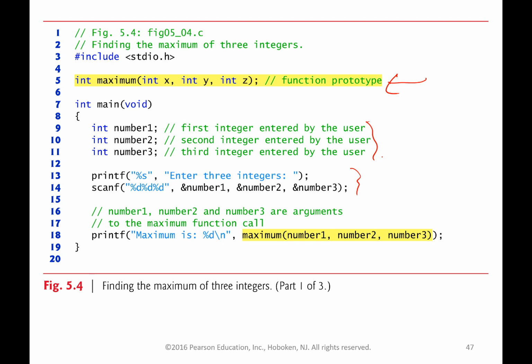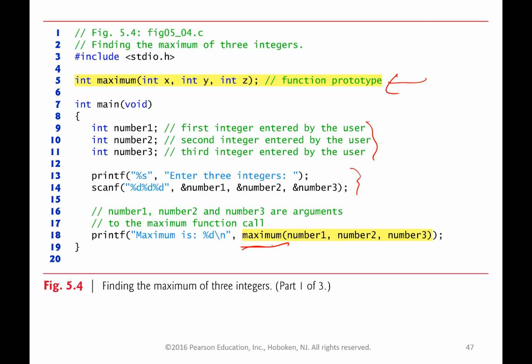And we pass it the address of number 1, number 2, and number 3. So that's going to go and read the keyboard for those three numbers. So I can type 1, 2, 3. And then printf, the maximum is, and here we're doing a call to the function maximum. Maximum is defined as a function that returns an integer, and it receives three integers.